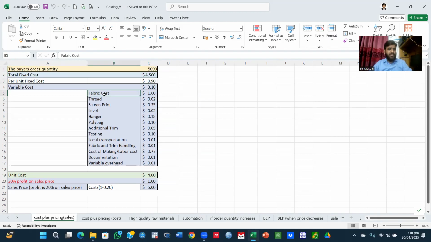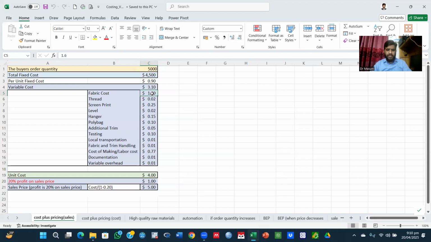And the per unit variable cost to produce the garment: fabric $1.6, thread 0.02, skin print, label, hanger, polybag, additional trim, testing, local transportation, fabric and trim handling, cost of making, documentation, and other variable overhead.